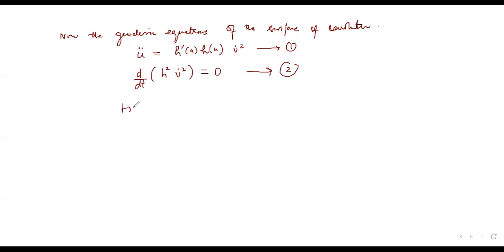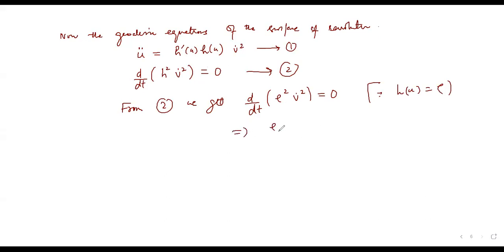Now from the second equation, because alpha is given to be a geodesic, we get d by dt of rho square v dot is equal to 0, since h of u is equal to rho, which implies that rho square v dot is equal to constant.